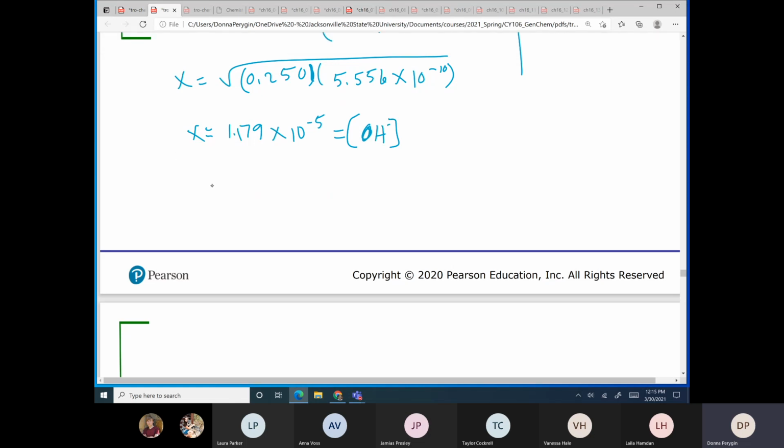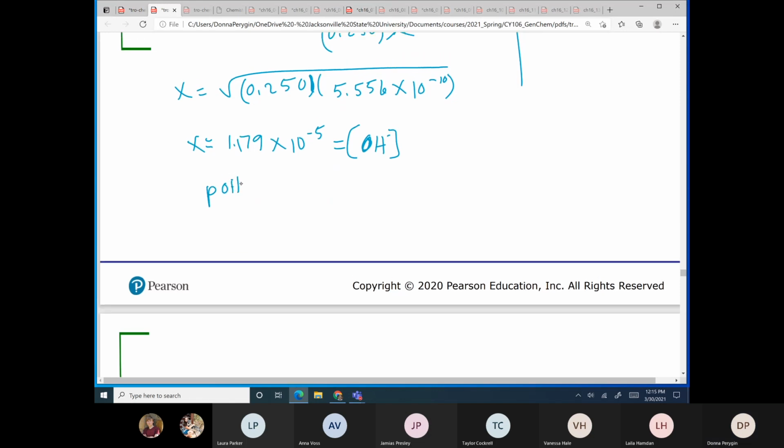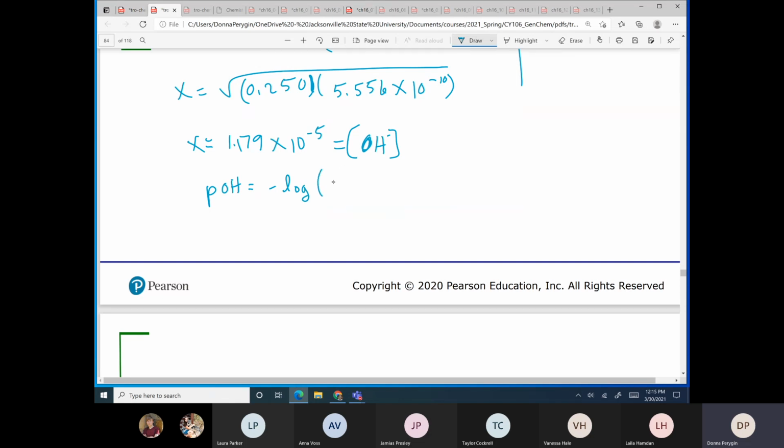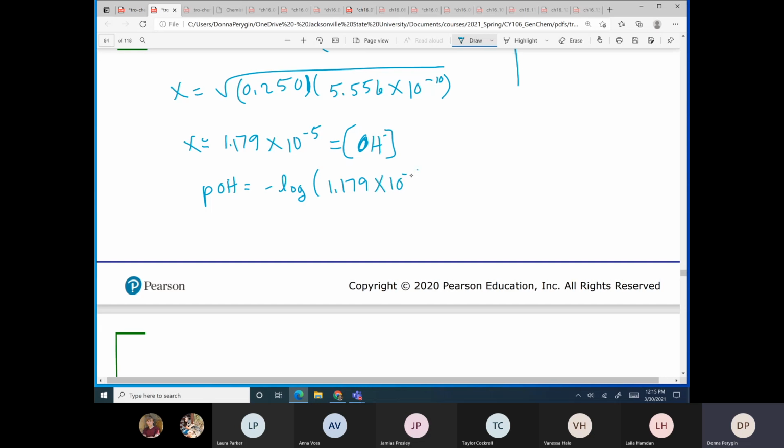This is my hydroxide ion concentration. Okay, so I can get my pOH is equal to negative log of the hydroxide ion concentration, which is 1.179 times 10 to the minus 5th, and they calculated it the other way, so I'm going to go ahead and calculate this. 1.179 exponent minus 5th, and I'm going to take the log of that.